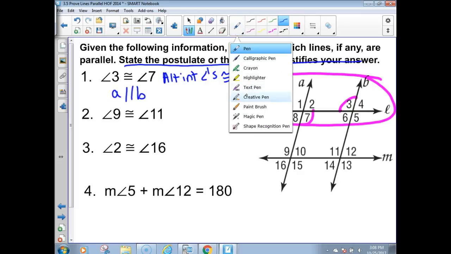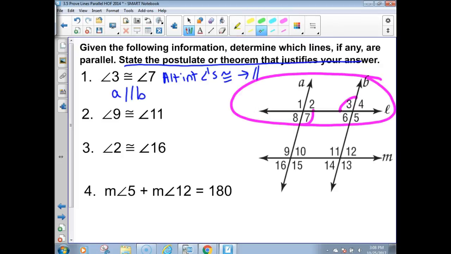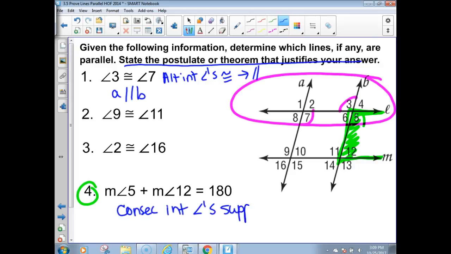And then I'll look at the very last one, on number 4. 5 and 12 adding up to 180. These are on the same side interior. Those are consecutive interior angles. So consecutive interior angles supplementary would imply parallel lines.